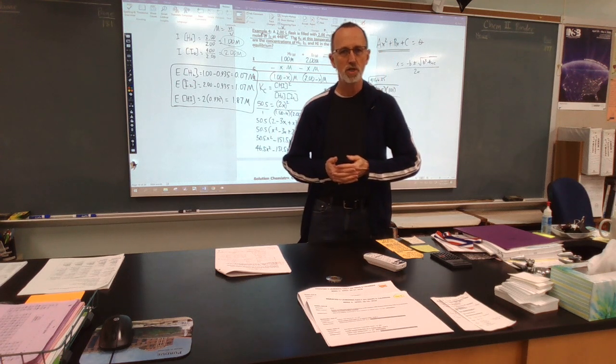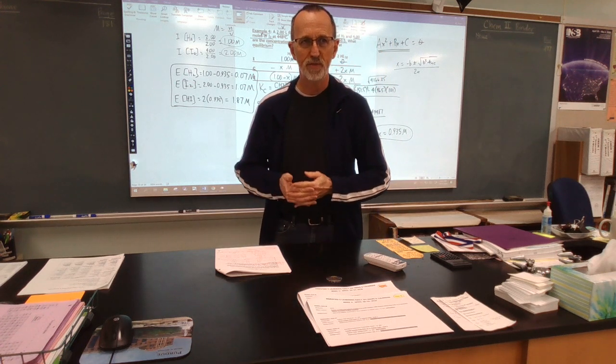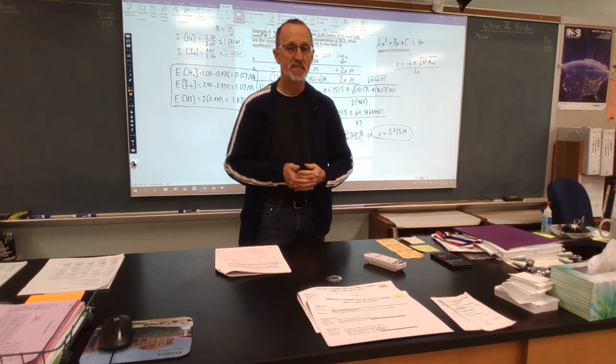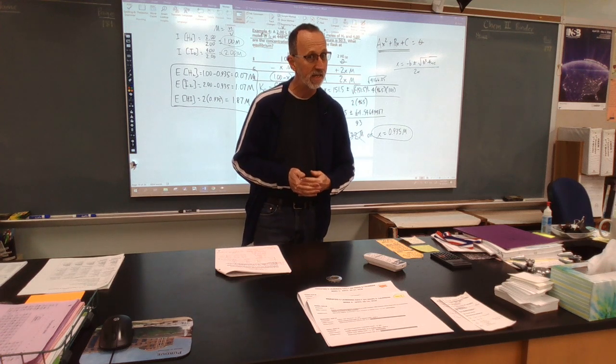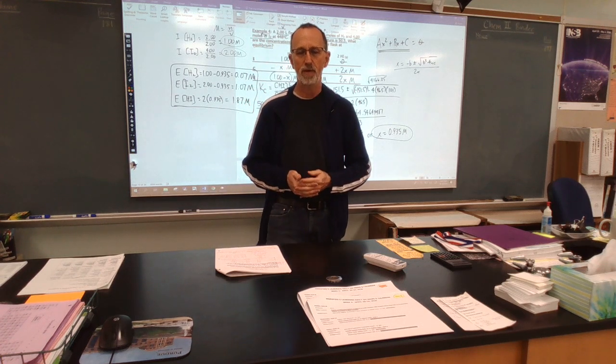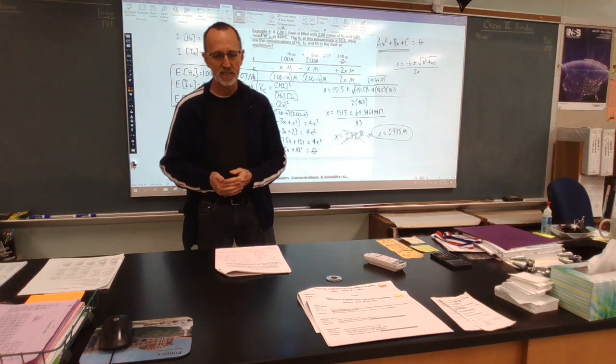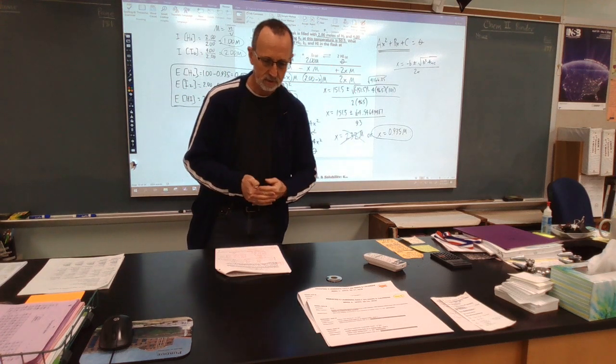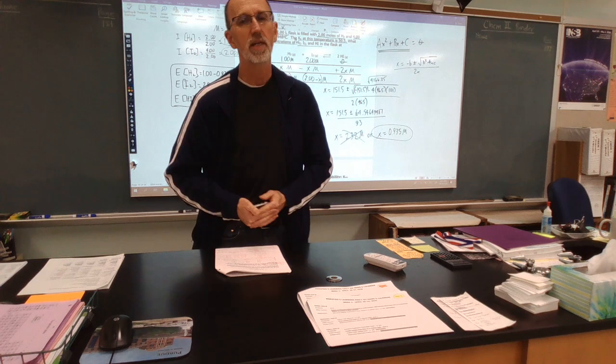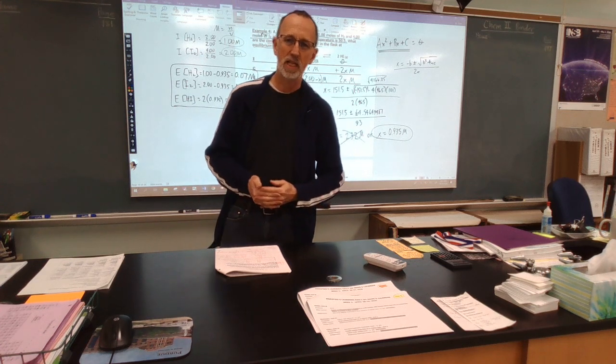So you should now be able to do, if I'm not mistaken, the assignment, equilibrium number 3. And so that would be the assignment attached to this lesson. And again, be careful in doing the quadratic formula.